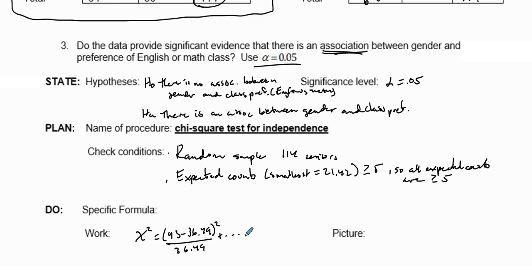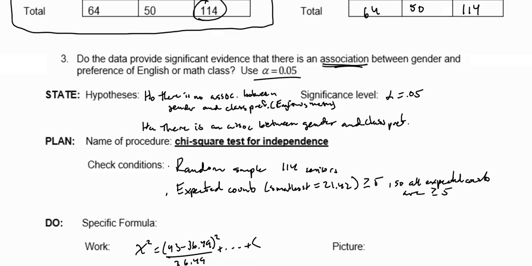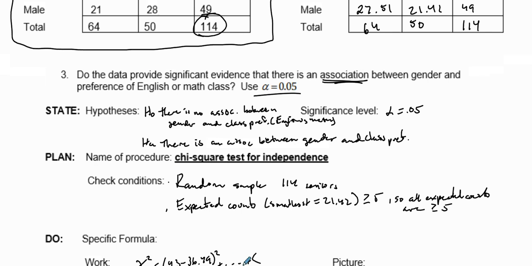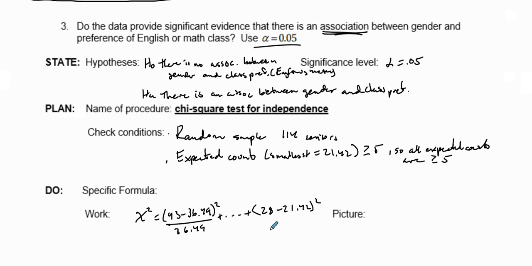We'll keep on going and just take the last value: 28 minus our expected value of 21.42, square it, and divide by 21.42. We're now going to go to our calculator to get all this information.